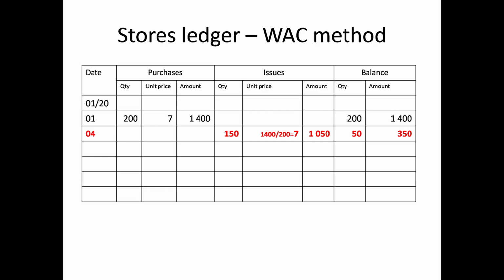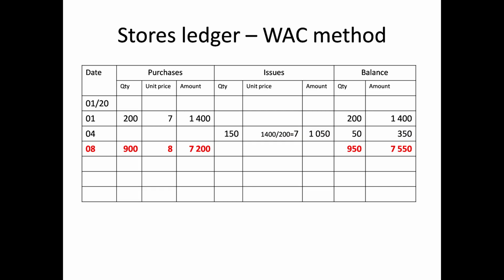Please remember the special calculation here, the weighted average issue price. You have to refer the immediate balance before the issue and then calculate the average price. Then go to the next transaction.